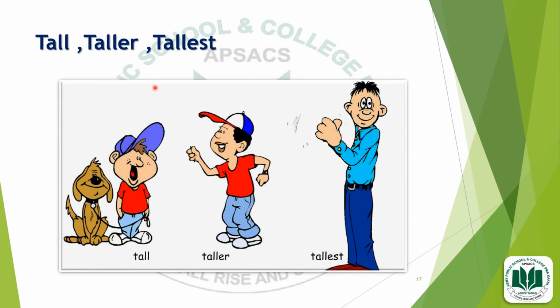If we have to compare more than two things, then we will use the words taller and tallest. As you can see on the screen, this boy is taller than this boy and this boy is tallest. So when you have to compare more than two things, you will use the words taller and tallest.